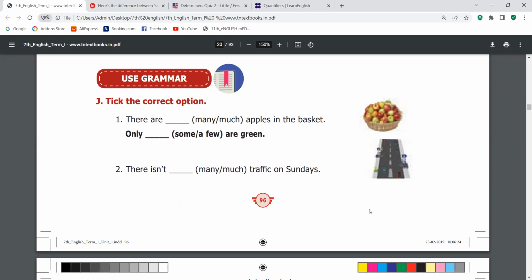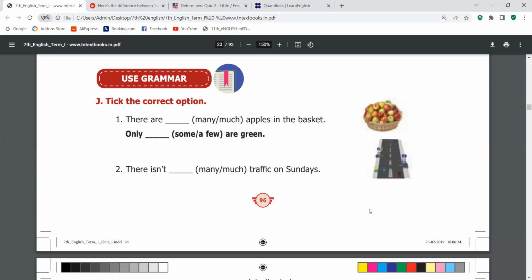Definitely we can, right? If at all a lot of apples are given in front of us, at that point of time you might not be able to, but if you're asked to count, you will definitely be able to count it, right? எண்ண முடியும்னா countable noun. Countable nounக்கு உபயோகிக்கக்கூடிய வார்த்தை many.